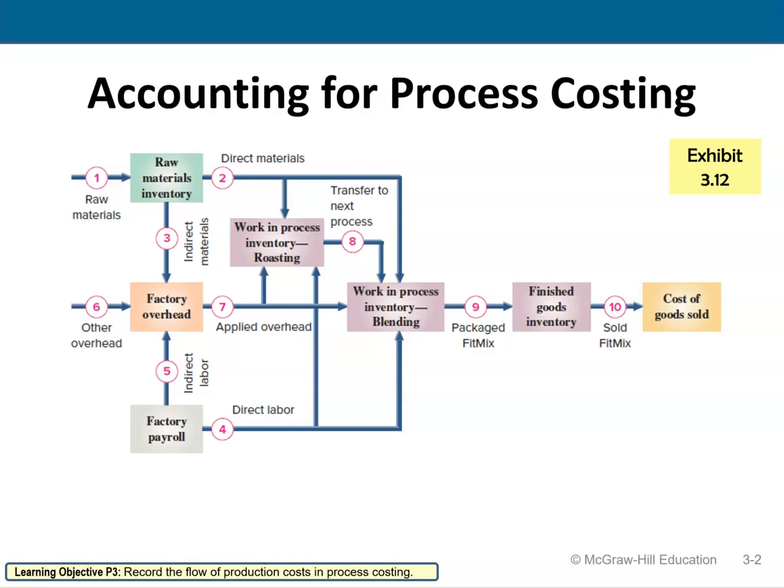Payroll is going to be applied to overhead and both processes. Then we're going to apply the overhead to both processes, and then we're going to transfer from work in process roasting when they're complete into work in process blending, and when that's complete it's going to go to finished goods, and when it's sold it's going to go to cost of goods sold. So that's a good idea of what the flow is like.